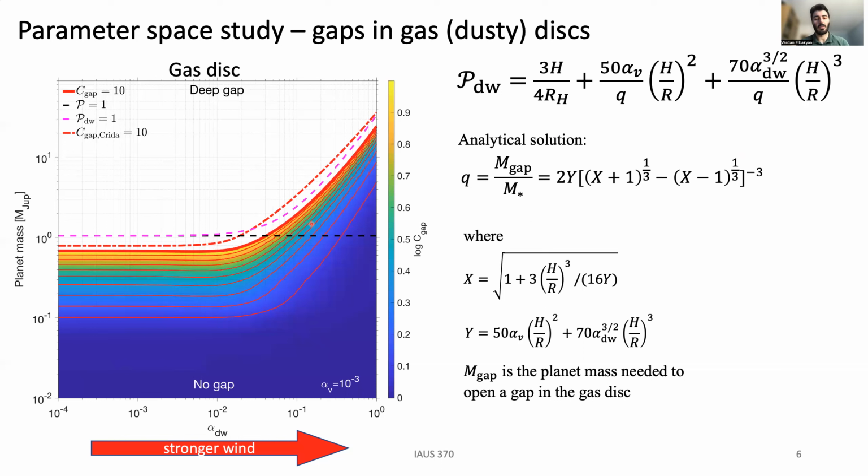The analytical solution overestimates our numerical results by about 20 to 50%, which is quite good.